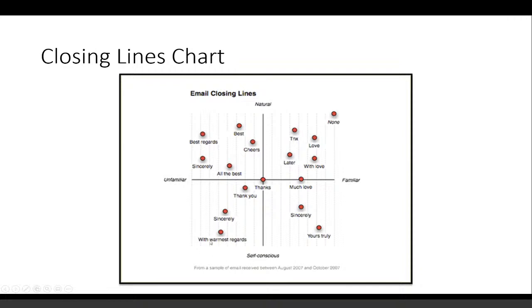Our lower left-hand portion is going to be some of our really formal stuff. And we have everything in between here. You can see, up here in our familiar informal section, we have things like "love" and "with love" and "THX thanks."